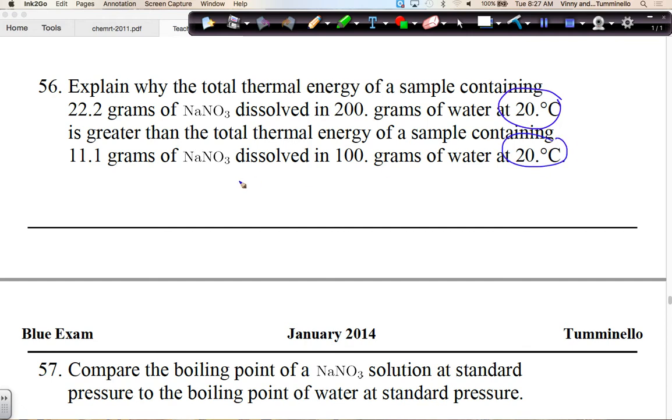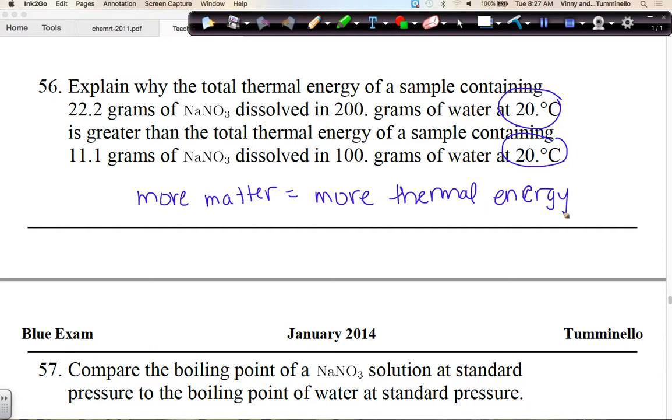And the reason why the total thermal energy is more for the one with more grams is because more matter means that it will contain more thermal energy. Both samples are at the same temperature, but one sample has more particles than the other, so the more particles means more thermal energy.